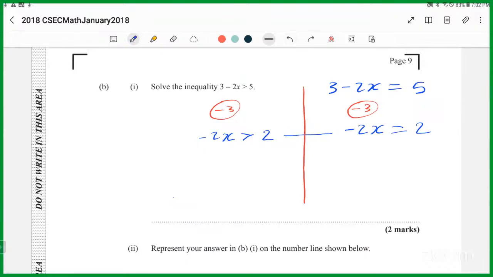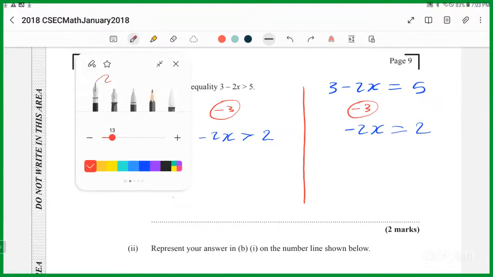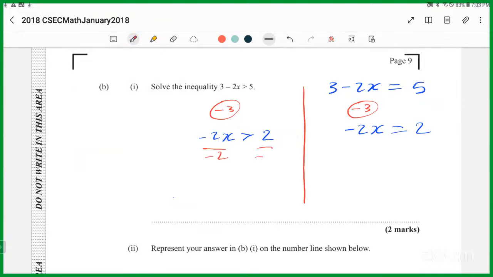With the inequality sign, the next step would be to get rid of this negative 2. Because this negative 2 is multiplying the x, and I want to leave x as the subject, we would now divide this side by negative 2 and divide this side by negative 2 as well. Same thing over here. To move this negative 2, I have to divide by negative 2 to cancel it away, and then divide this side by negative 2 as well. The shortcut is to take this negative 2 that is multiplying, bring it under this side and divide with it.